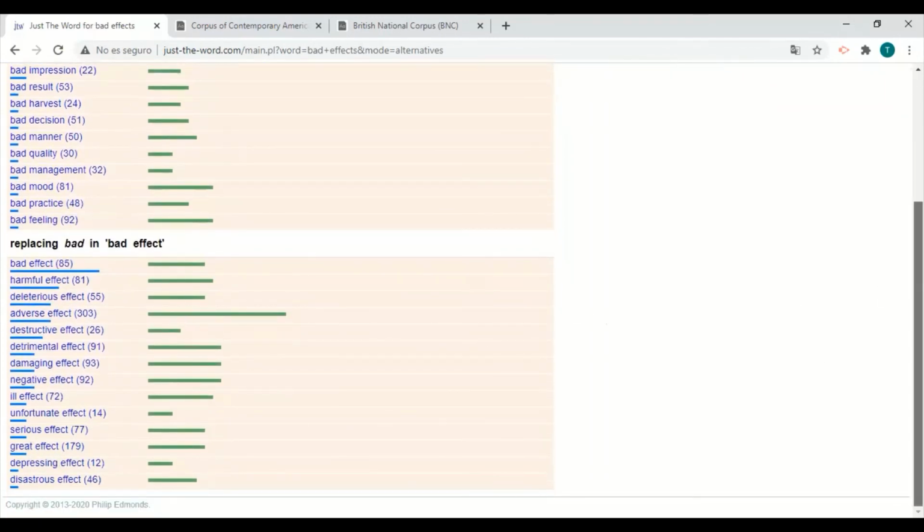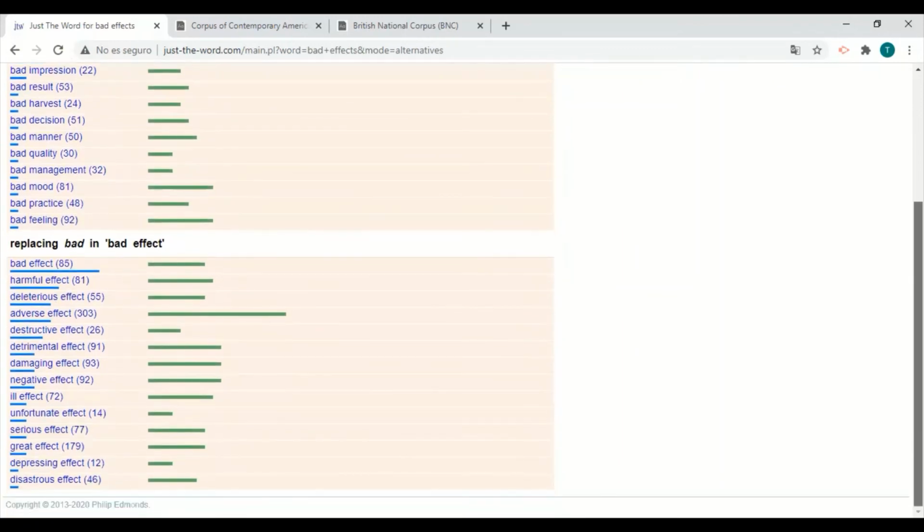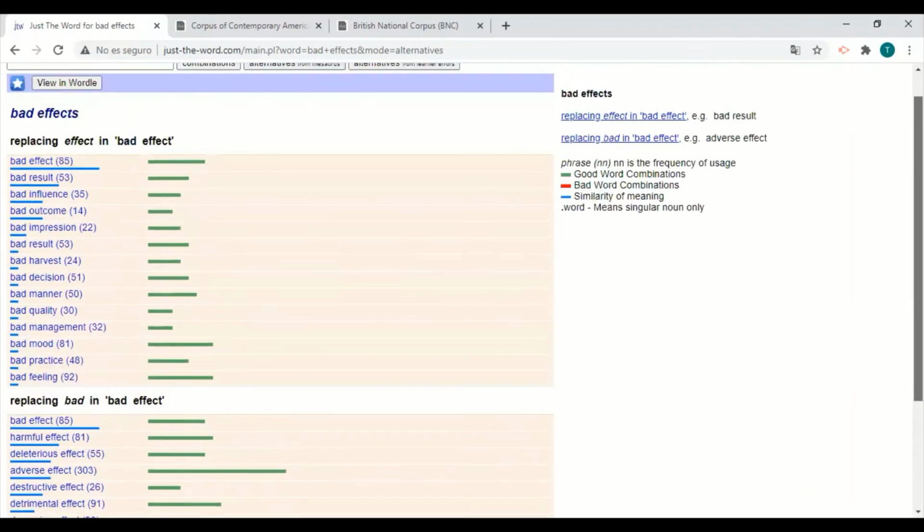Here on the top part, we have, well, bad result, bad management, bad mood, bad practice, yes? And here we have what we want, for example, harmful effects, adverse effects, look at that frequency, negative effect, damaging effect. Of course, they do not mean exactly the same. So it's still good to check on a dictionary.